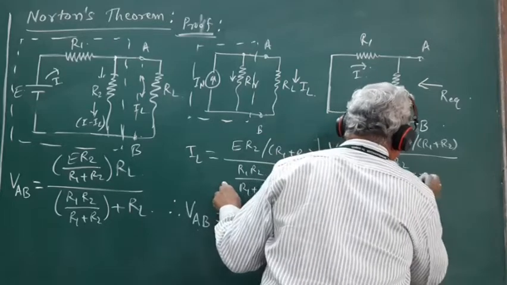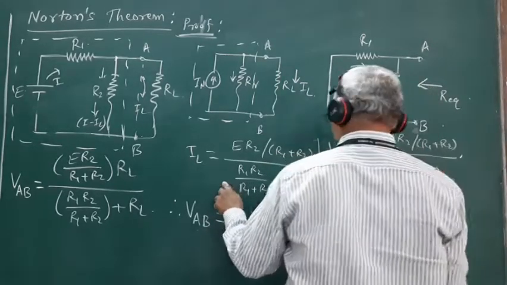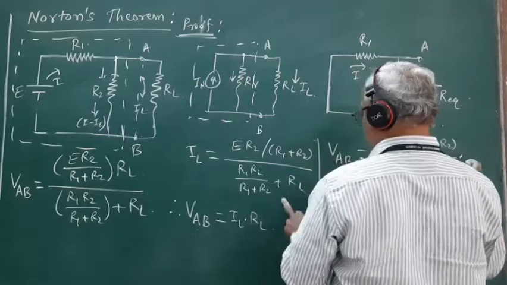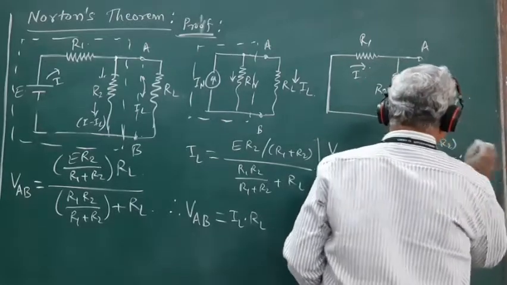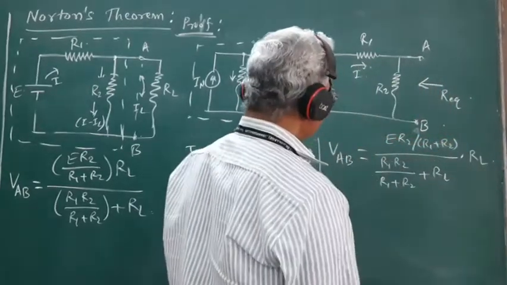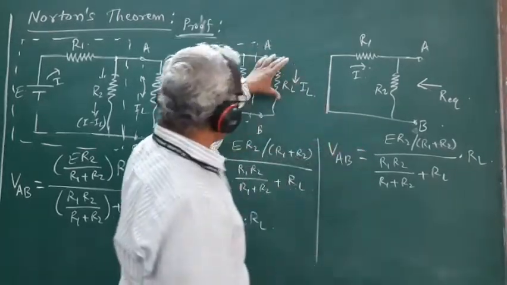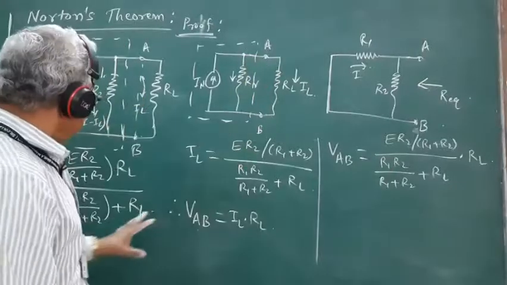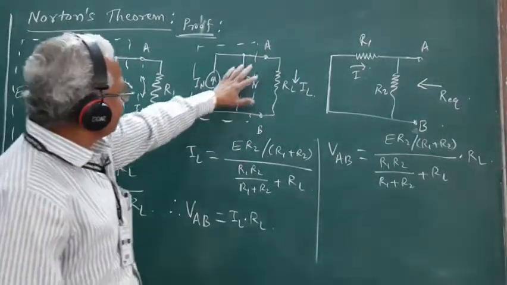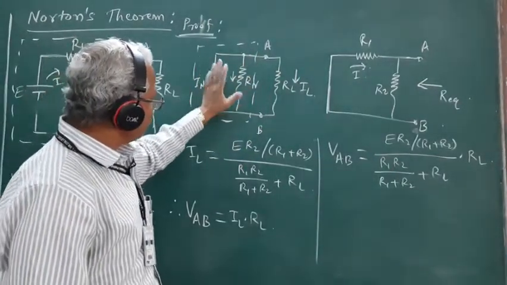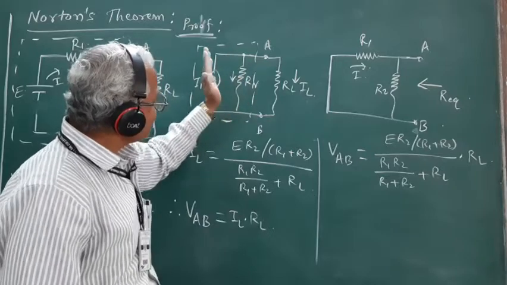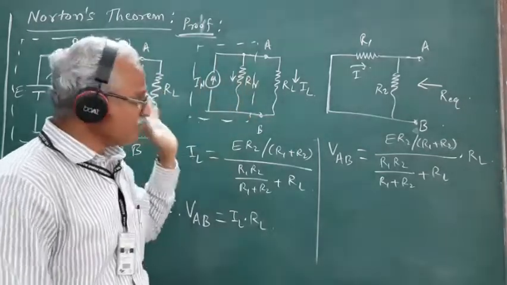So this is the expression for the potential difference across this load resistance when there is the Norton equivalent circuit connected to the left of the terminals A and B.